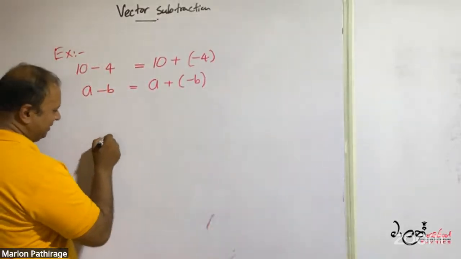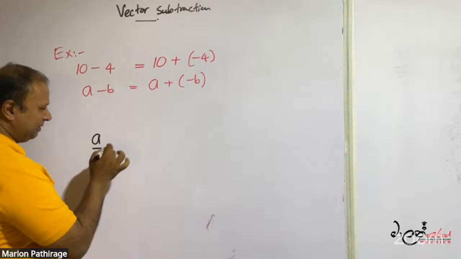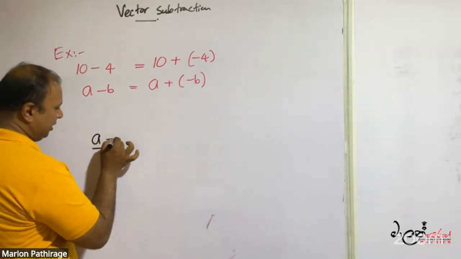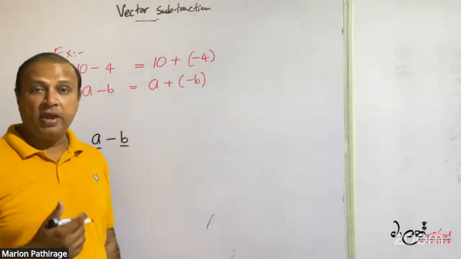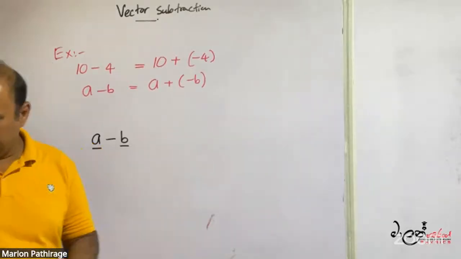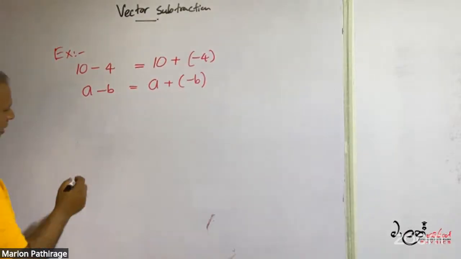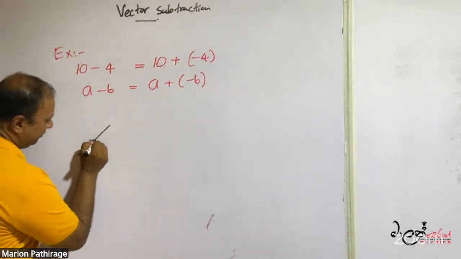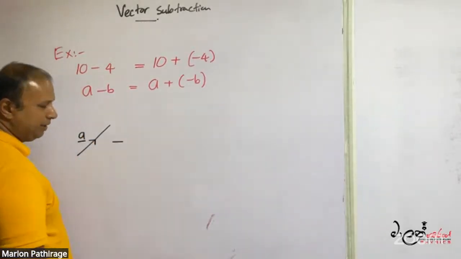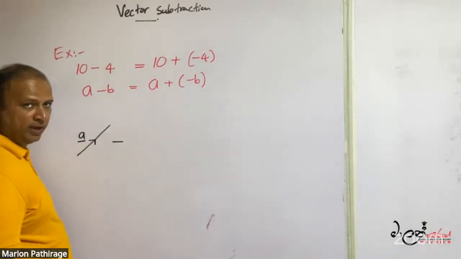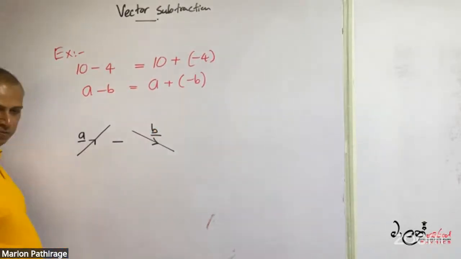Suppose there is a vector A like this, and another vector is B. Suppose you have to evaluate A minus B.